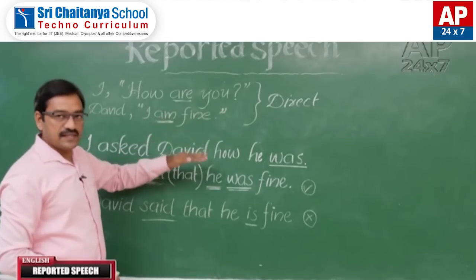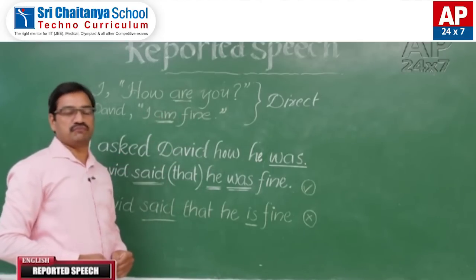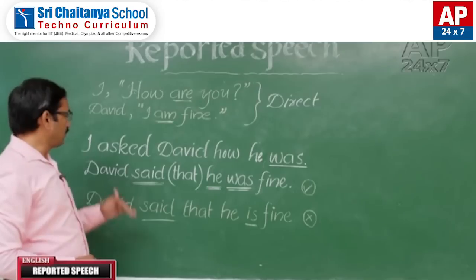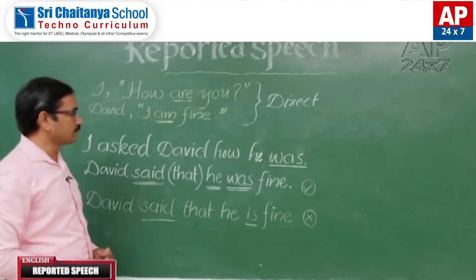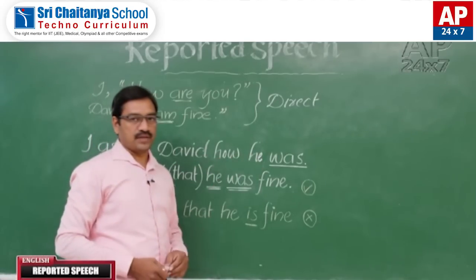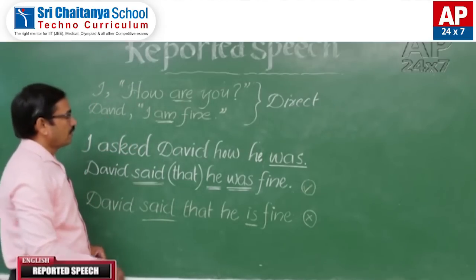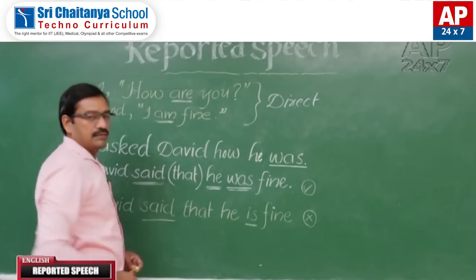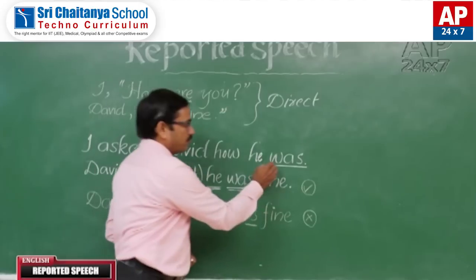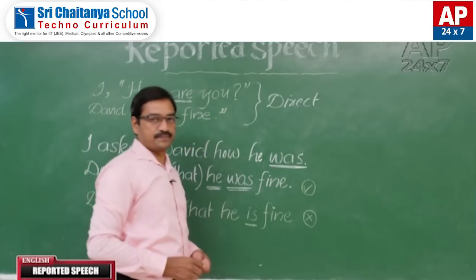If we change the same words into indirect speech without changing the meaning, we can say, I asked David how he was. See the change, what are the changes now? The present tense has now become past tense, how he was.